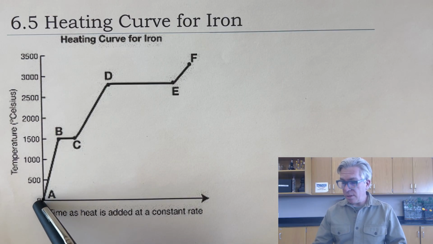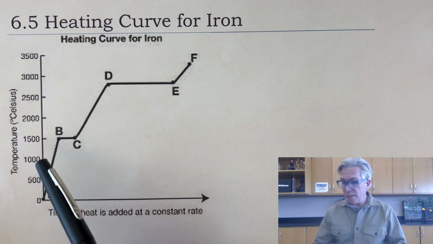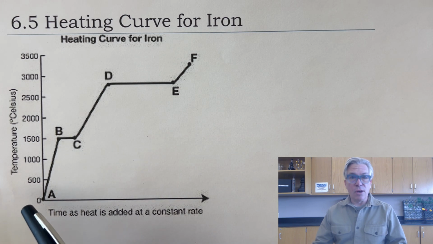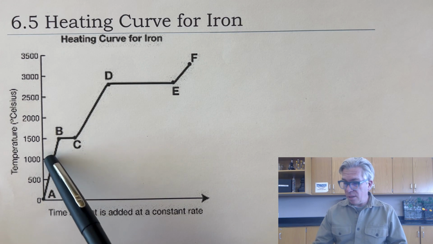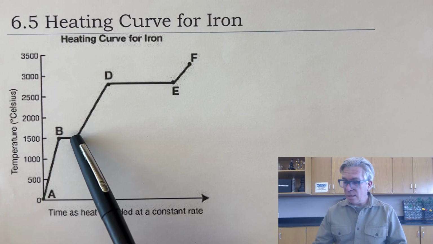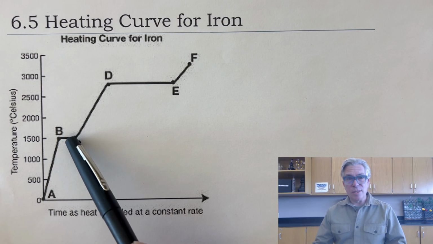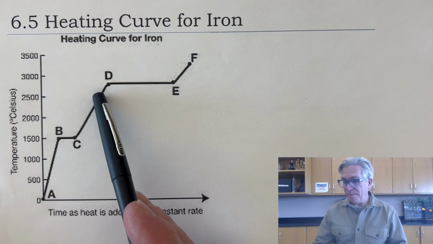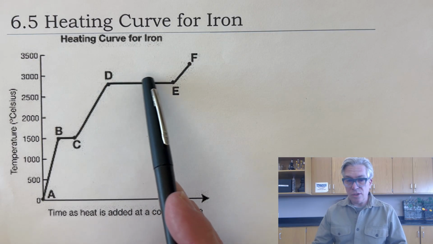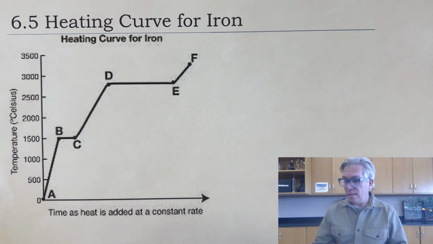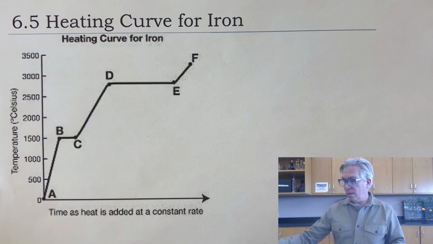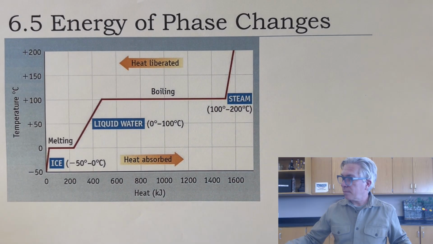The steeper the line, the faster the temperature change is happening, which means it's got a lower heat capacity. Metals tend to have fairly low heat capacities. But by the time you get it into the liquid state, the heat capacity has risen a little bit, so it takes a little more time to get a temperature change to happen there. And in the gas phase, it takes even a little bit more time, so it's a little bit higher on the heat capacity. And water does the same thing too. You can go back and check that out.